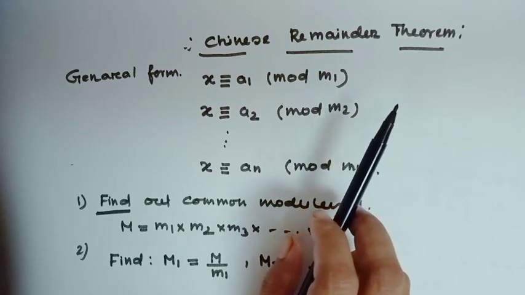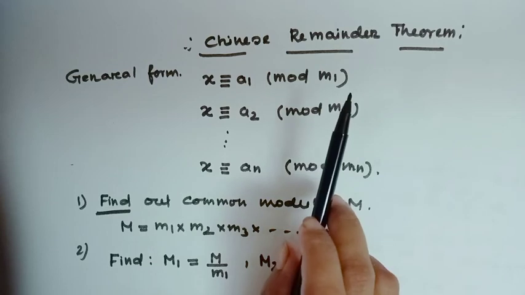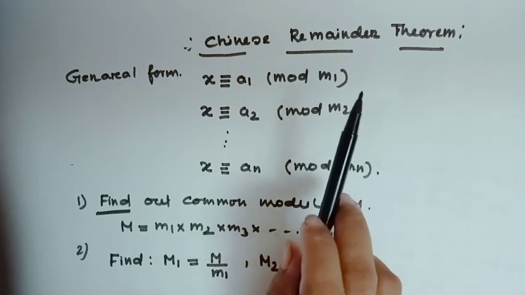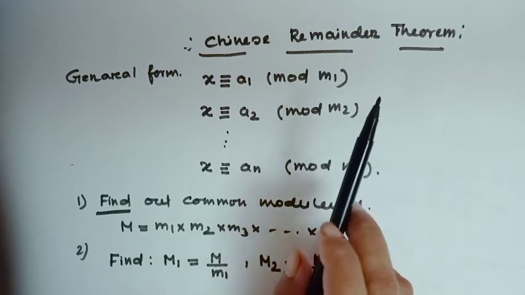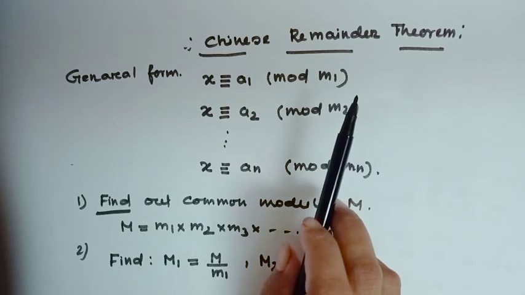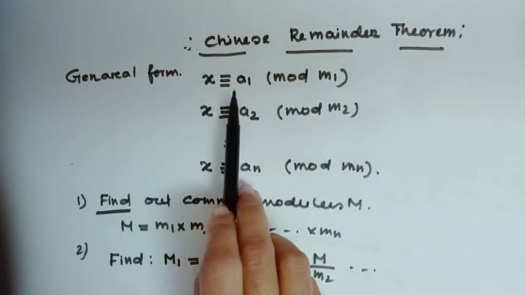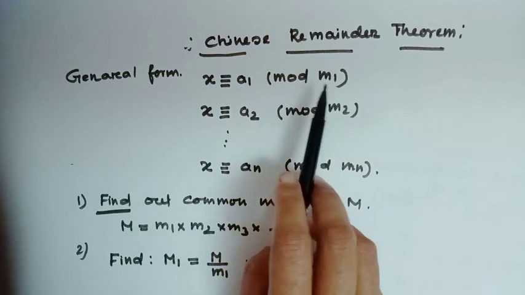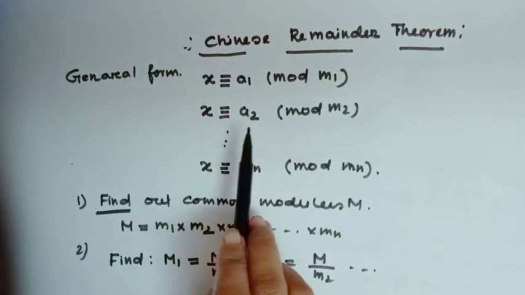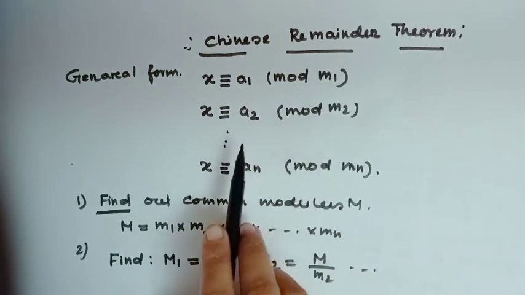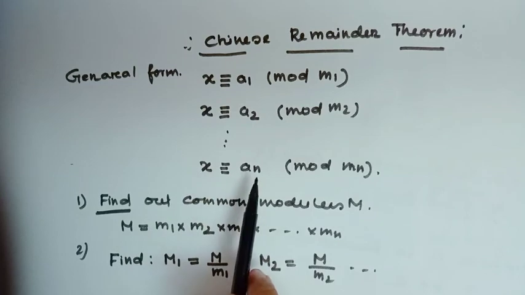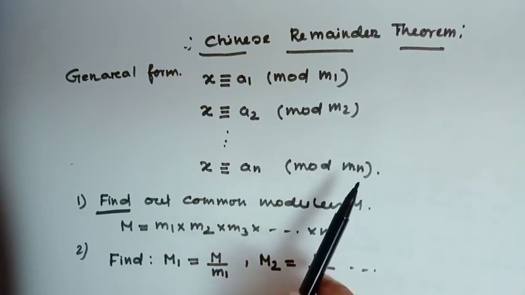This theorem gives a unique solution. Here the system is: x congruent to a1 modulo m1, x congruent to a2 modulo m2, up to x congruent to an modulo mn.